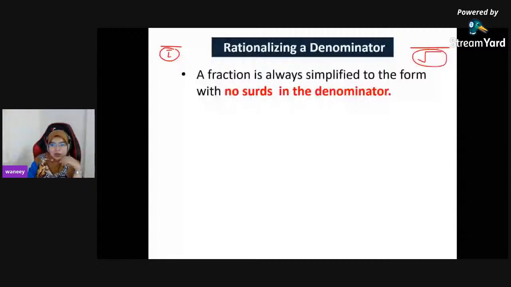For example, 3 over surd 2, so you simply multiply with surd 2 over surd 2. If your denominator is a plus b surd, this is the conjugate of the bracket. This is the form for two terms.